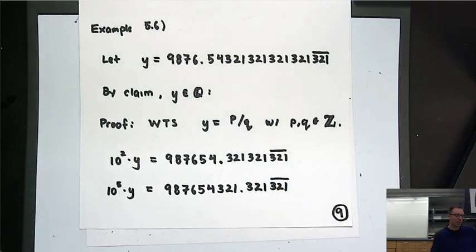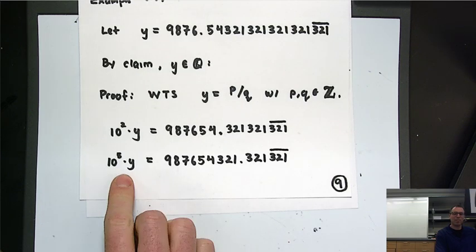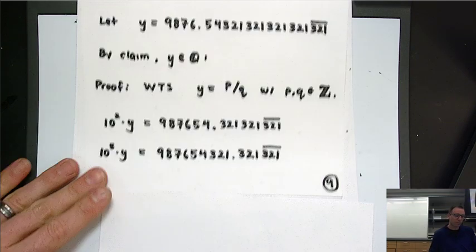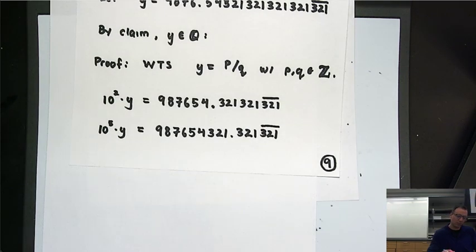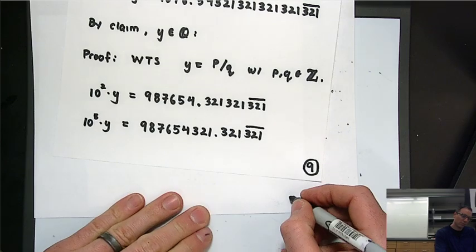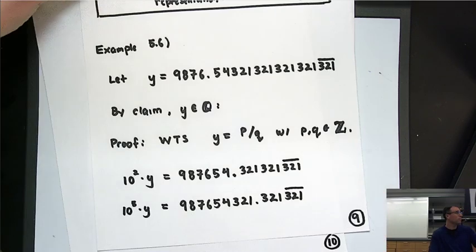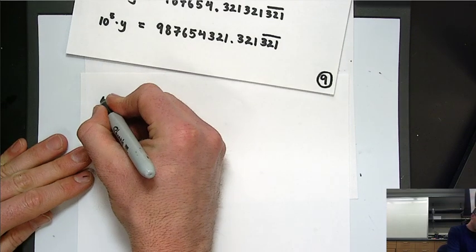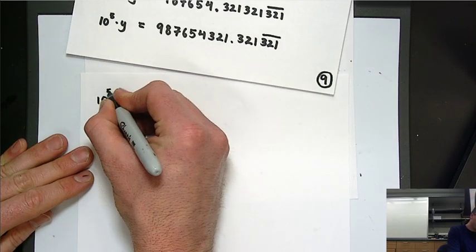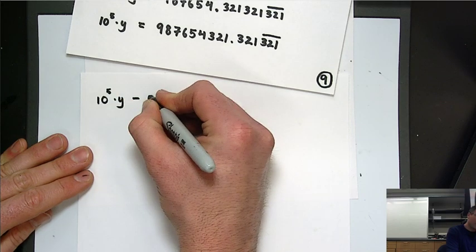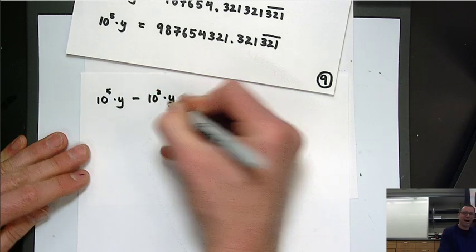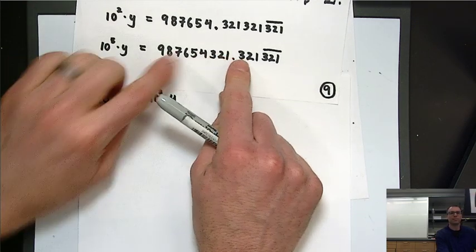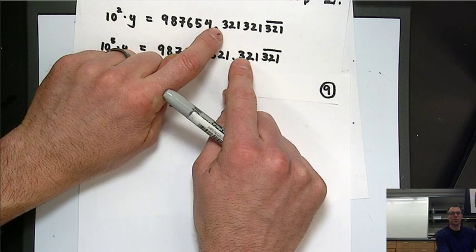What do you notice about the second number minus the first number? So what do you notice about 10 to the 5 times y minus 10 to the 2 times y? What happens? What happens there?